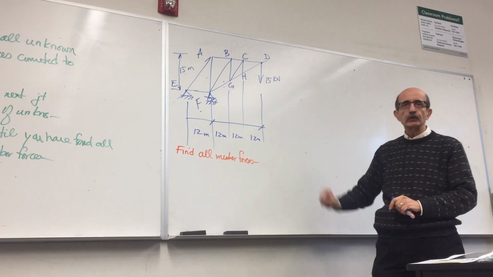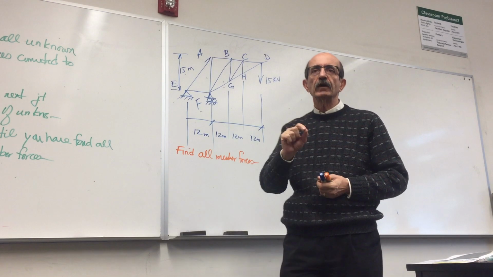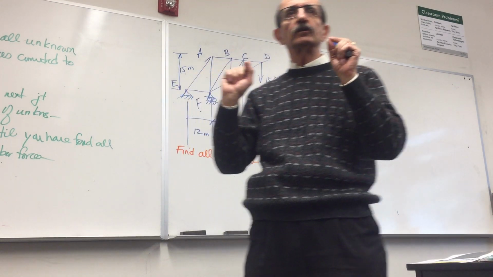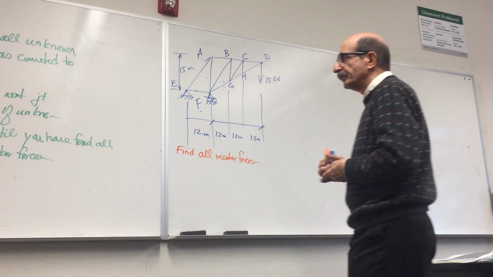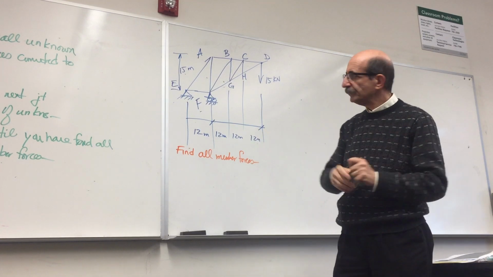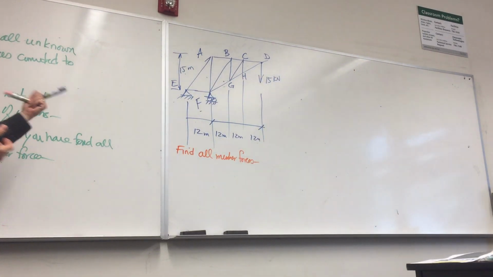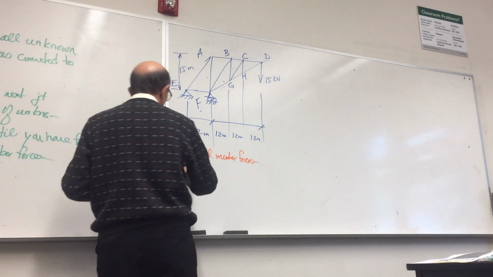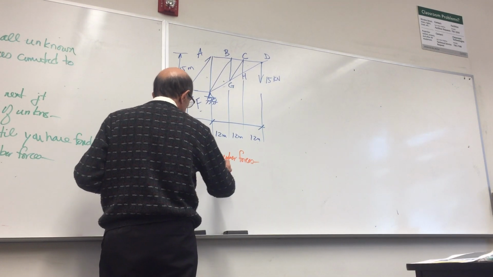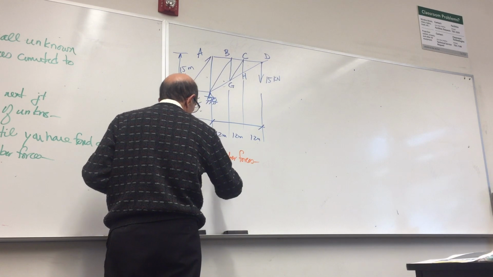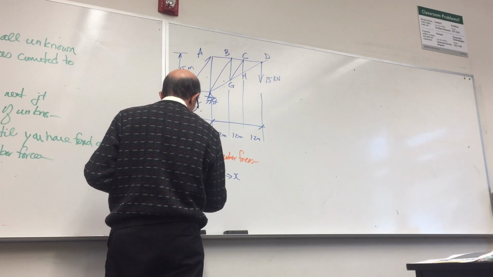When you find member forces, you do need to identify whether a member is in tension or compression, right? As I said, because it depends on what material they're going to be made of. So step number one, easy. This is X, this is Y.